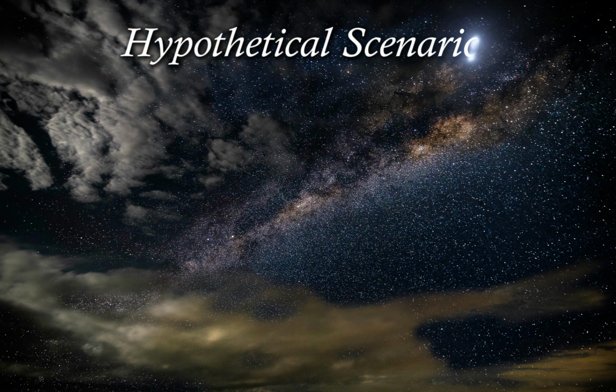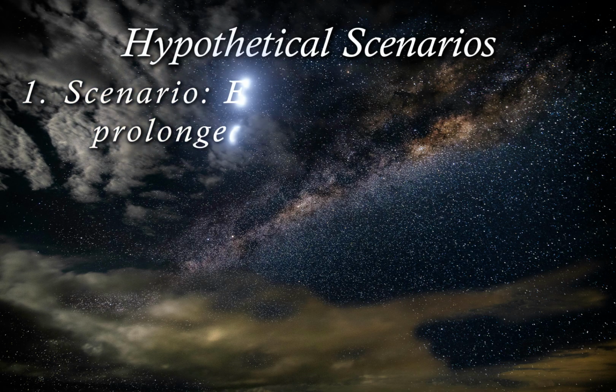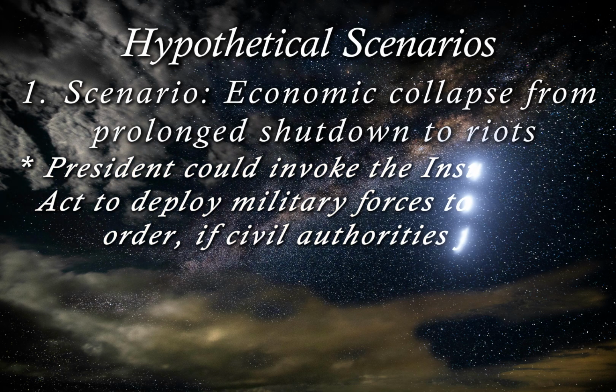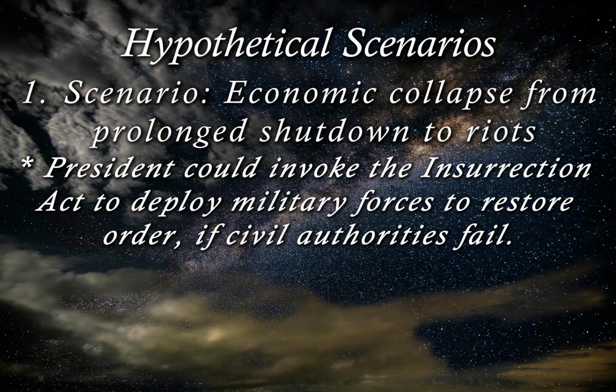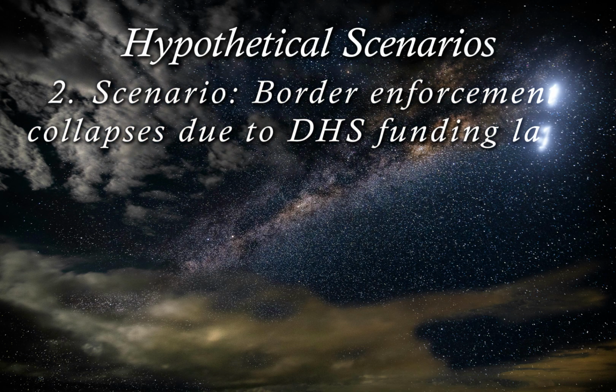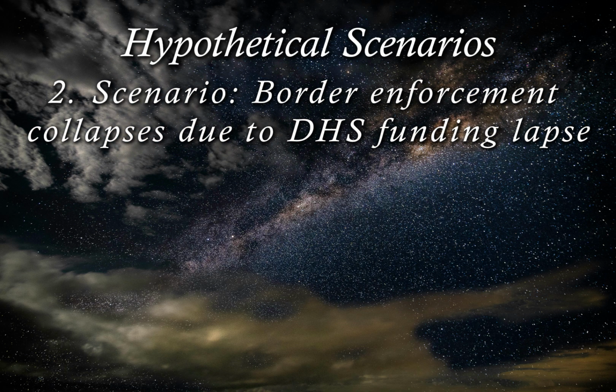Hypothetical scenarios. 1. Scenario: economic collapse from prolonged shutdown leads to riots. The president could invoke the Insurrection Act to deploy military forces to restore order if civil authorities fail. 2. Scenario: border enforcement collapses due to DHS funding lapse.